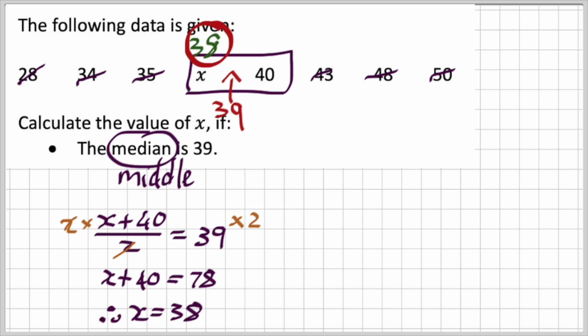So maybe do the front, back, and highlight for your teacher that between x and 40 there's 39, so x must be 38, just so that they see some kind of reasoning going on. Remember, you have to convince your teacher that you didn't just guess, and then they'll give you all the marks, as long as your explanation is quite good.